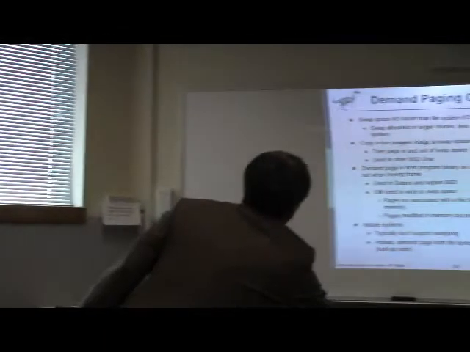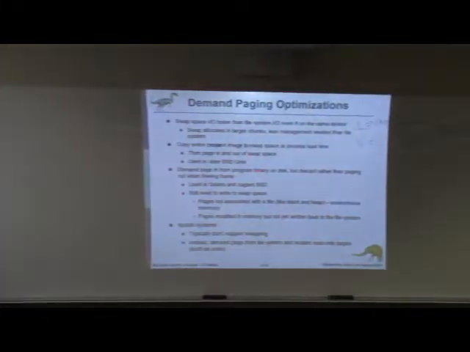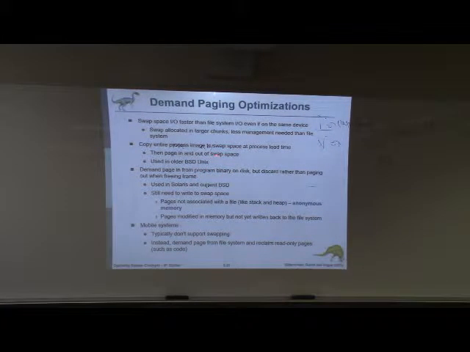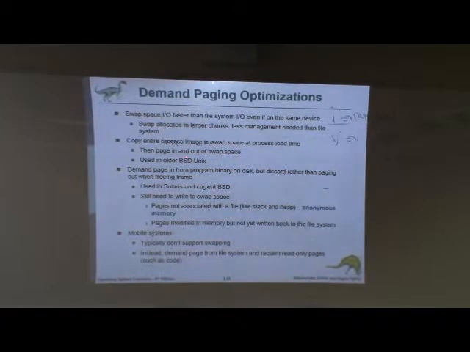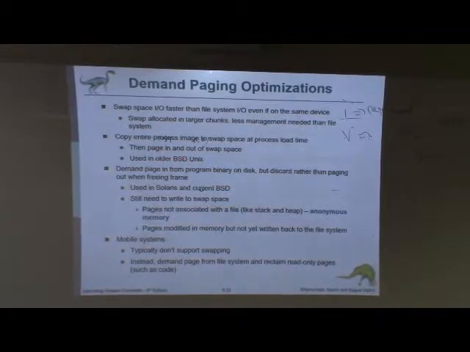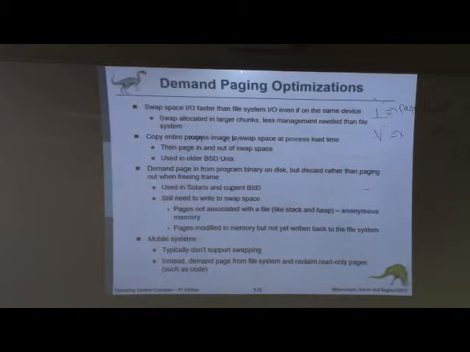So, for example, old BSD, the Unix branch, the BSD family of Unix, they used this approach: copy the entire process, the logical program, to the virtual memory only. Okay, not load it into the page frames, the physical memory.